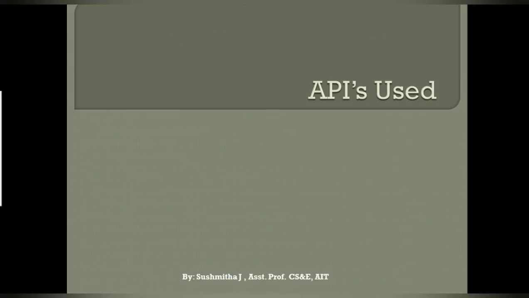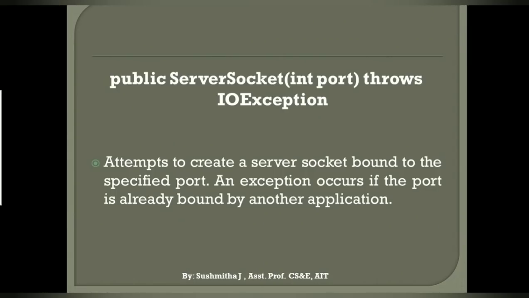Now let us see the APIs that are used. The first API we have is ServerSocket, and the argument that it takes is the port number. This particular API acts as a binding, like the bind function we saw.